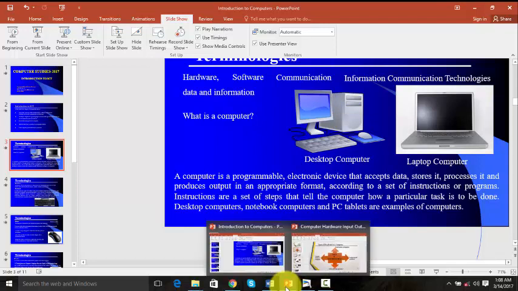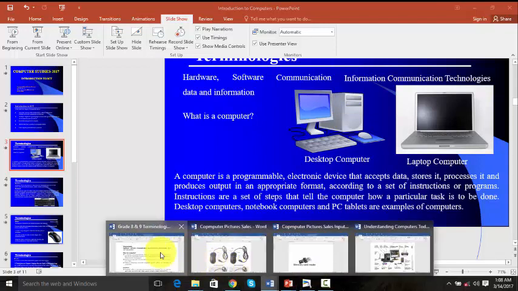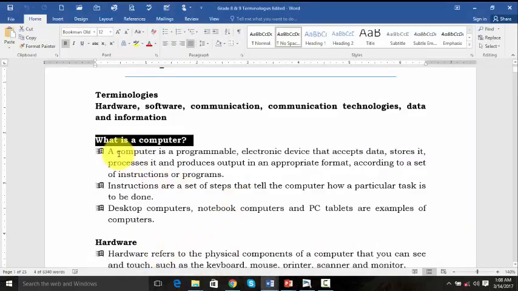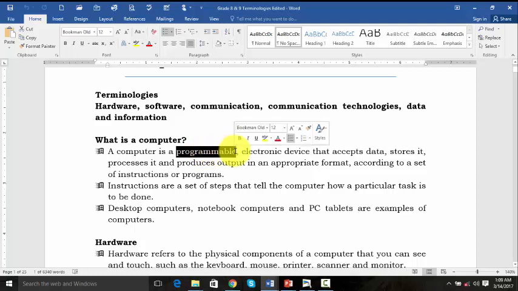To understand it nicely, we are going to go back to our work here, where we say a computer can be defined as a programmable electronic device. When we say programmable, this word comes from the word program. Programmable means it is a device which has been instructed to do certain things, and these things are what we call programs.